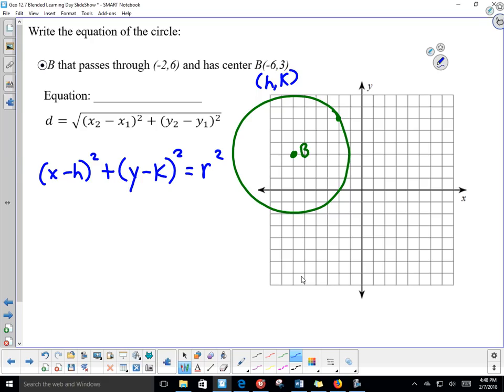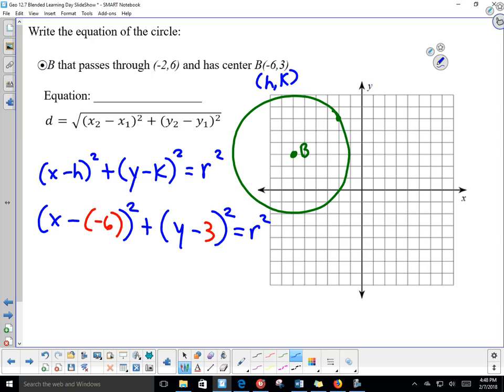For this problem, we can say x minus a -6 quantity squared plus y minus 3 quantity squared equaling r squared. That gives us x plus 6, because minus -6 is x plus 6, quantity squared plus y minus 3 quantity squared equaling r squared.